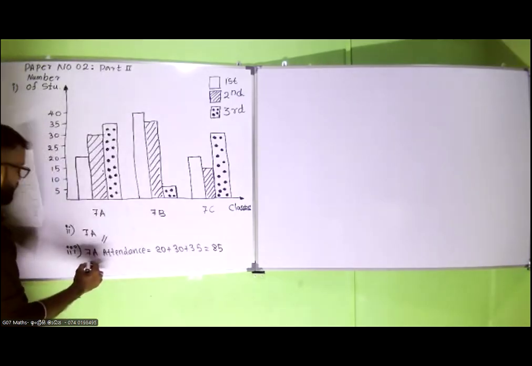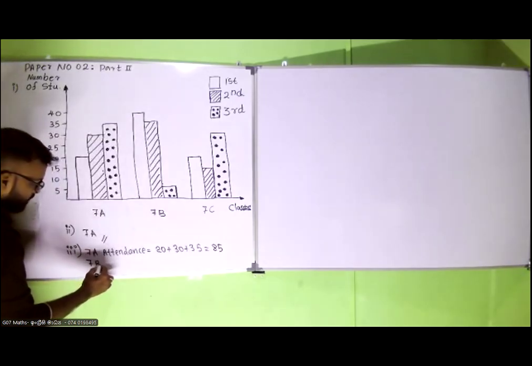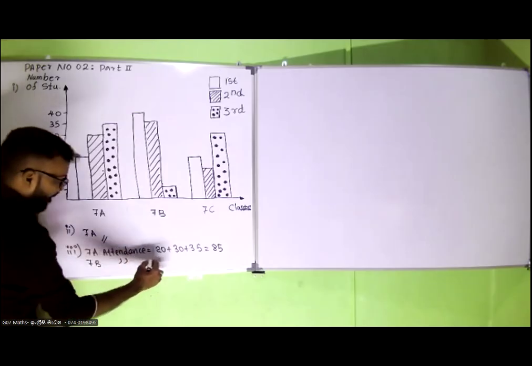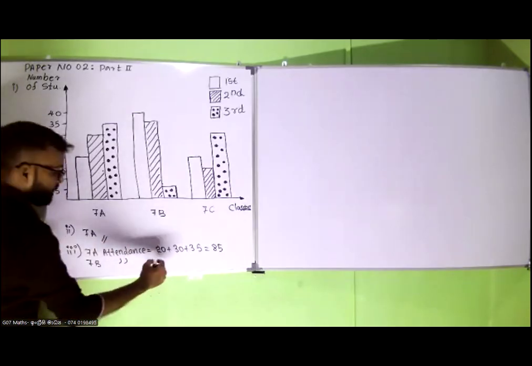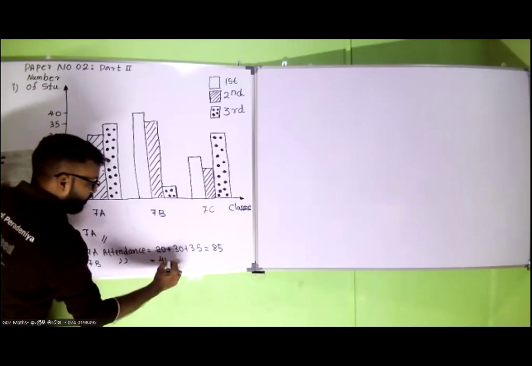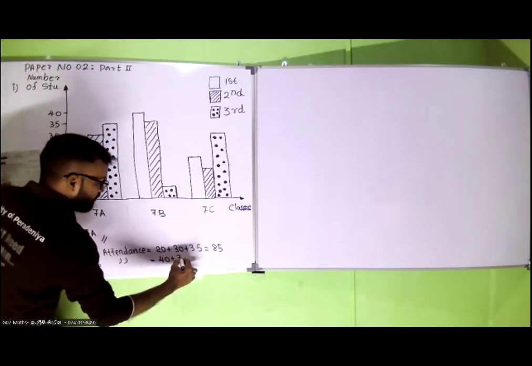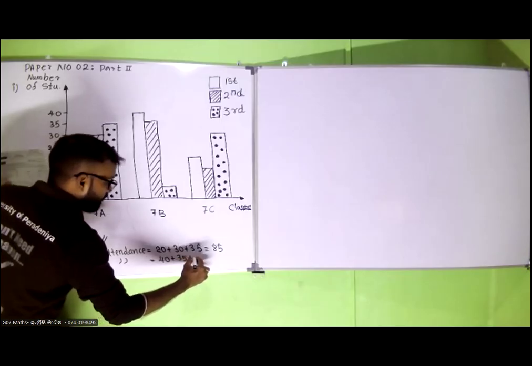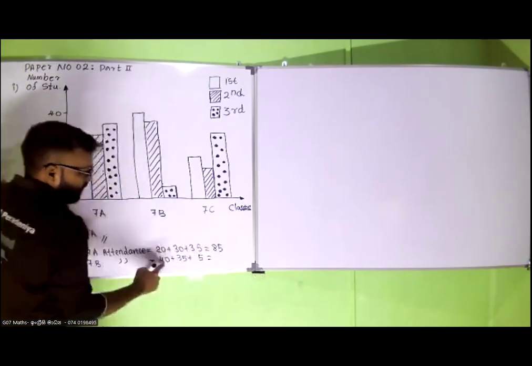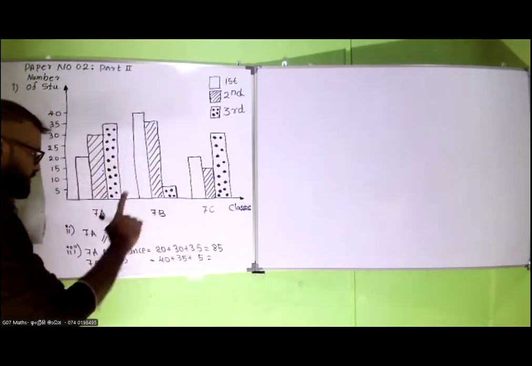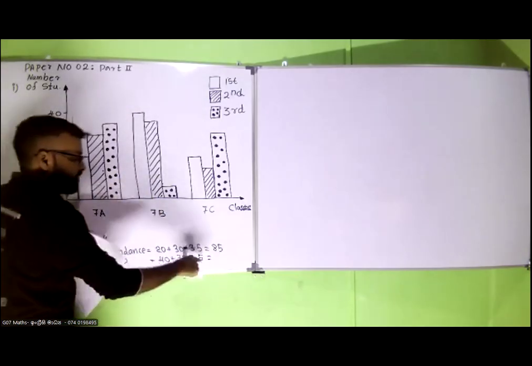Likewise, I can find 7B class attendance equals 40 plus 35 plus 5. 40 plus 35 is 75, 80.